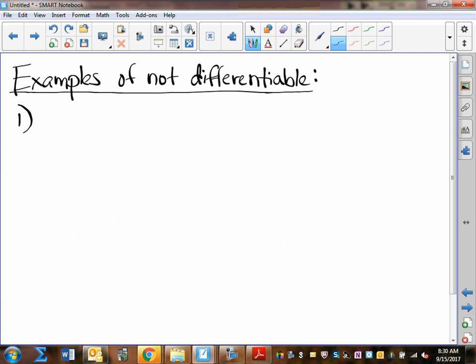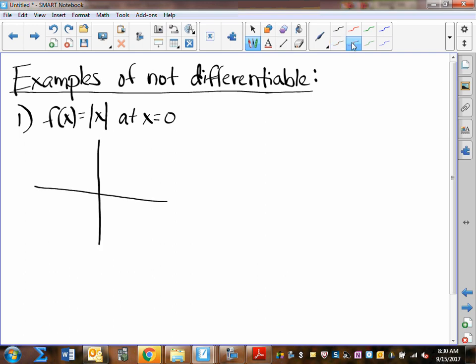So let's think of some cases in which my left-hand and right-hand slope would not be the same. Our first one, we're going to go back to algebra. Think of your function, the absolute value of x, specifically at x equals 0. Got my absolute value graph. And we've talked about this multiple times, how it's actually a piecewise function because the left-hand side is just negative x and the right-hand side is positive x.